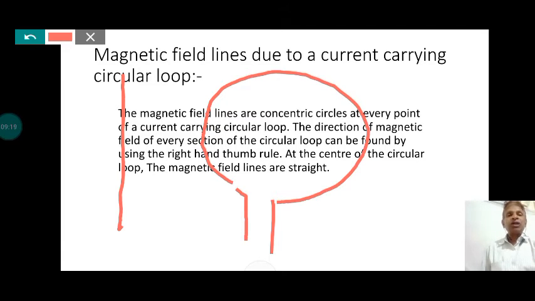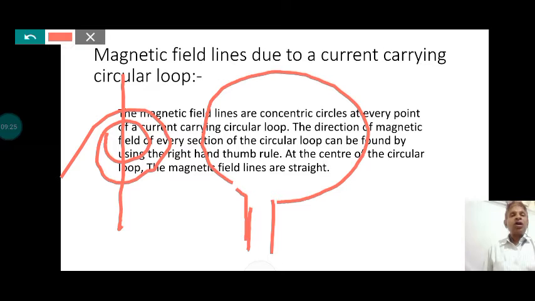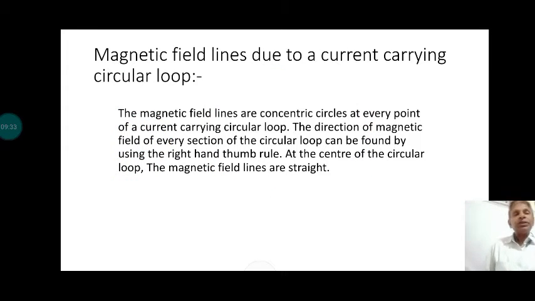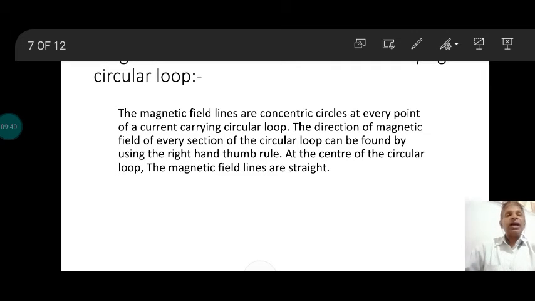We have observed that the magnetic field produced around a conductor is in concentric circles. Now we observe how the magnetic field is produced by a circular loop when current is passed through it. The magnetic field lines are concentric circles at every point of the current carrying circular loop.